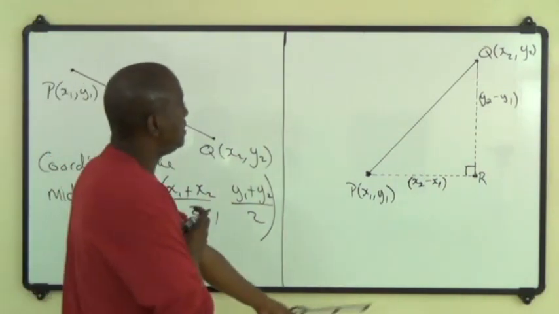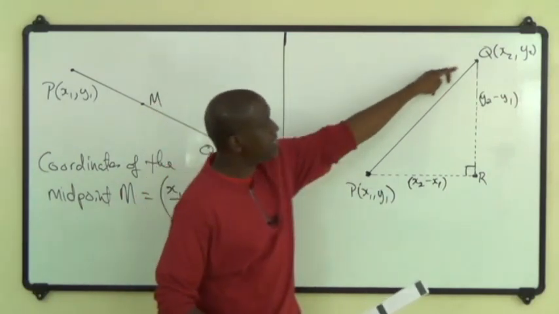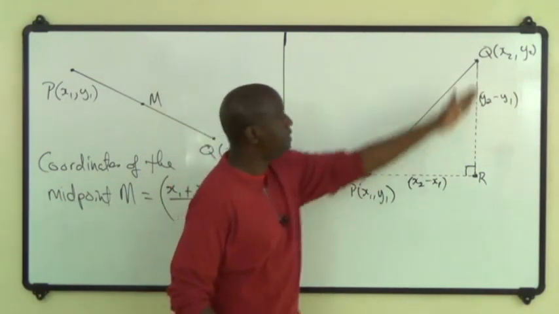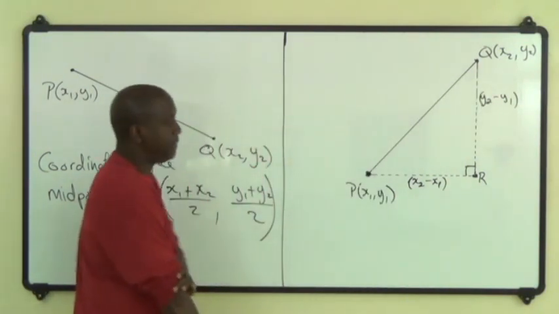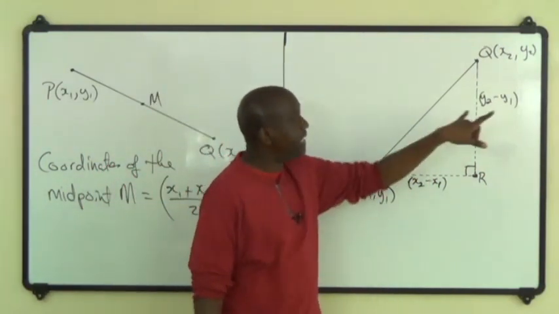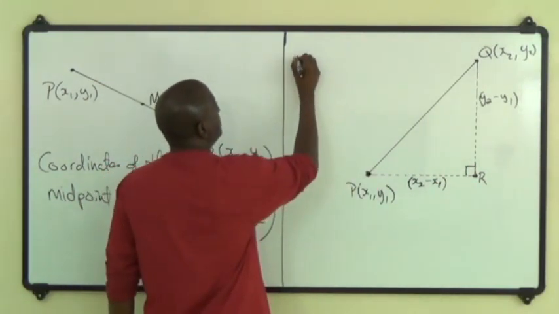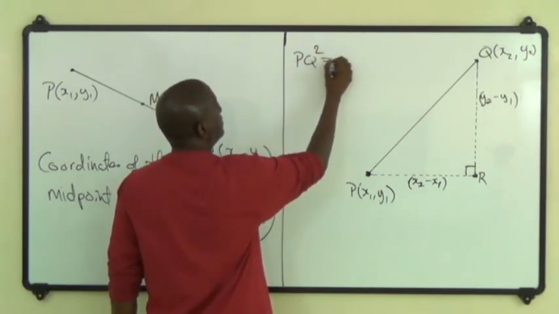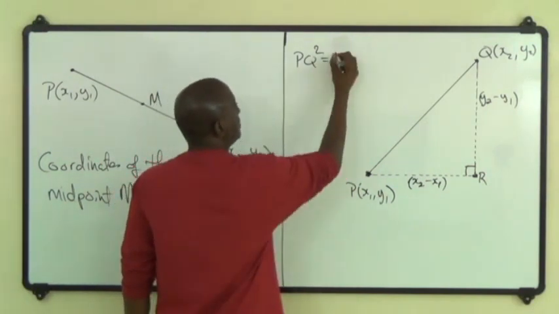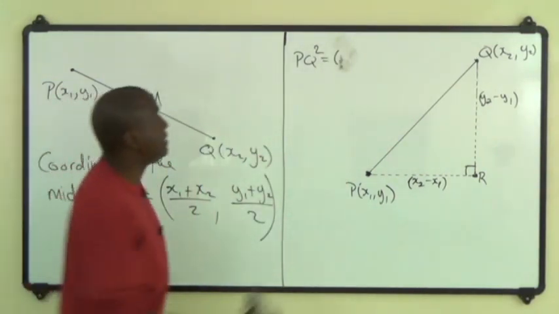Now, since we have a right angle, it means that the length of the line segment PQ that we're trying to find is the hypotenuse of the right angle triangle that we just constructed. And if the length of this is x2 minus x1 and the length of this is y2 minus y1, then using Pythagoras' theorem, let me write it out in letters first.